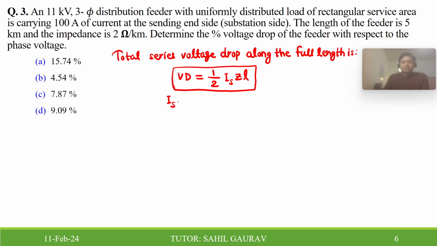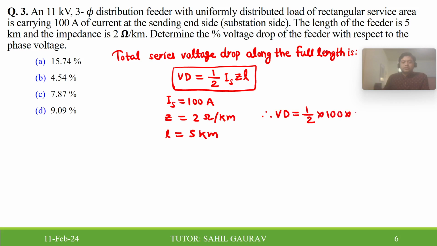Is is given as 100 ampere, Z is given as 2 ohm per kilometer, and the length of the feeder is given as 5 kilometer. Therefore, voltage drop will be half of 100 ampere, and Z is 2 ohm per kilometer, and L is 5 kilometer.